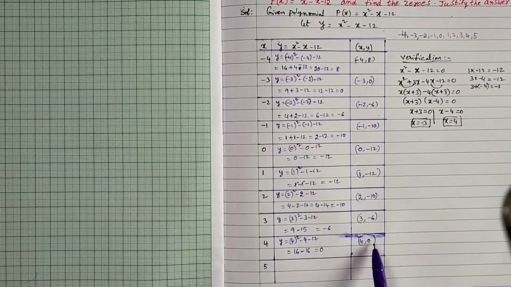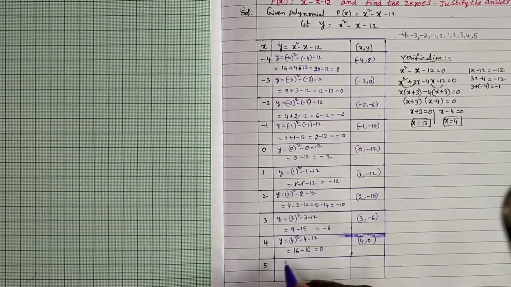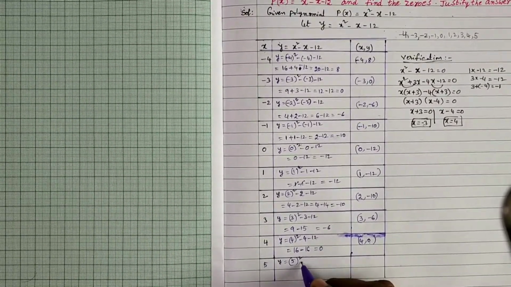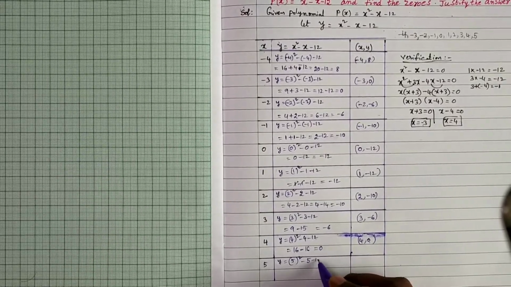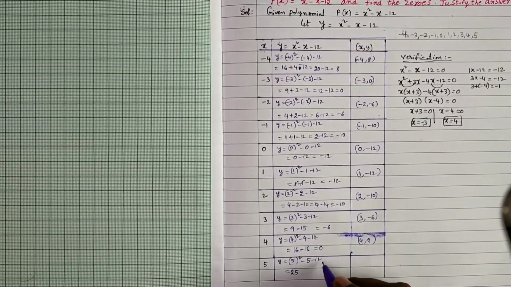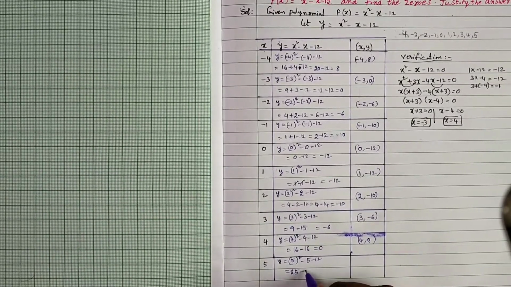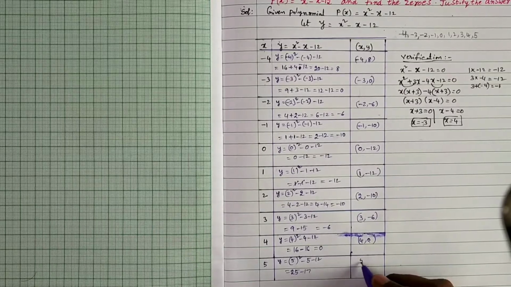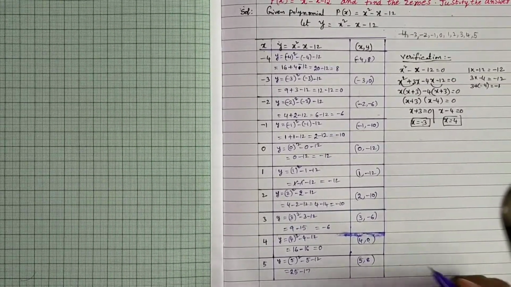So what we did is write and substitute 5. Y is equals to 5 square minus 5 minus 12. 5 square 25 minus 5 minus 12, that is 8. So 5 comma 8.